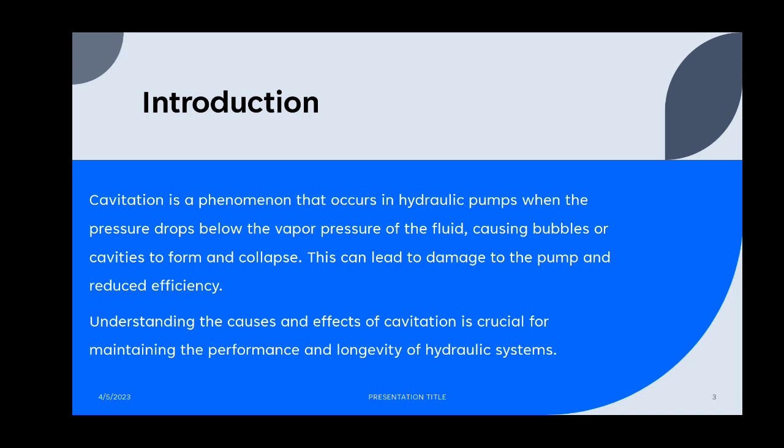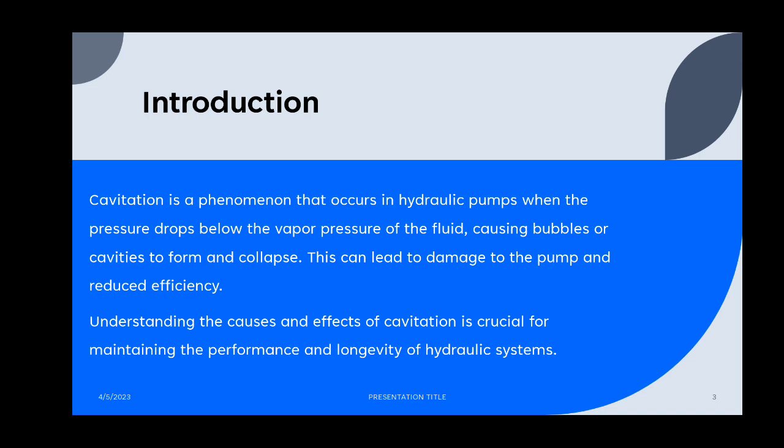This can lead to damage to the pump and reduced efficiency. So cavitation is a phenomenon that occurs when the pressure drops below the vapor pressure of the fluid.